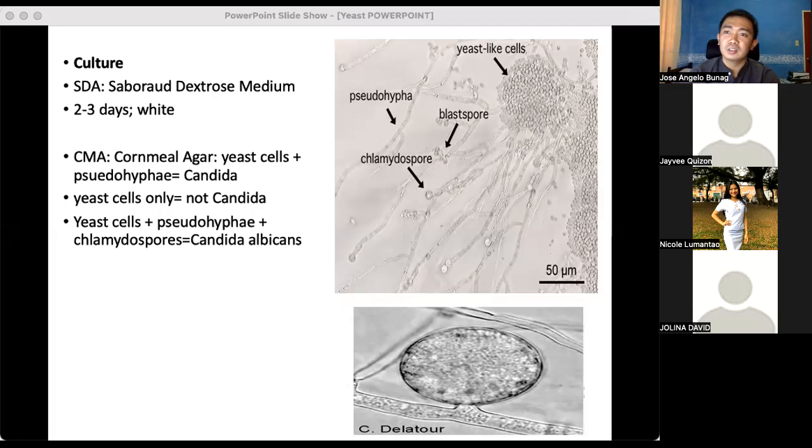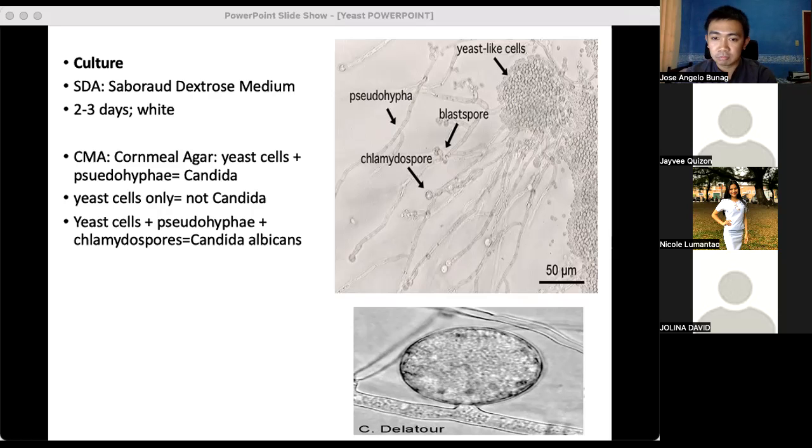If I may just add, chrome agar is a chromogenic culture medium. The inhibitor present in your chrome agar is chloramphenicol. That is the inhibitor. So let me type in that information in the chat box so that you may be properly guided. We have chloramphenicol as inhibitor.